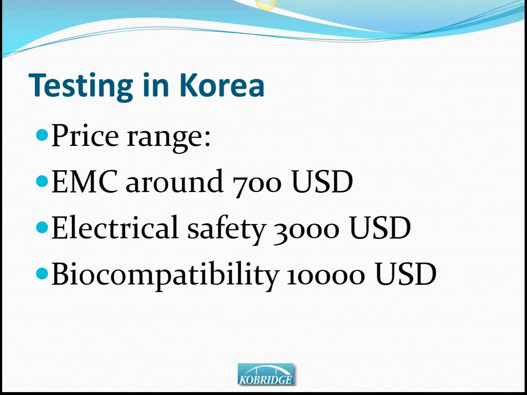So the price range for EMC would be around 700 US dollars or up to 1,000, and for electrical safety 3,000, just to give an idea. Biocompatibility could be more expensive, about 10,000, but also including a whole range of tests. Of course, it depends on the complexity of the product.